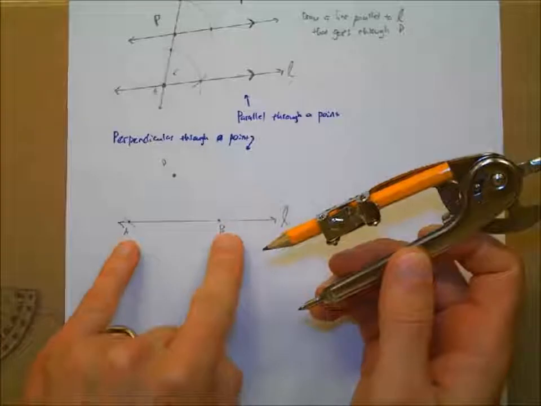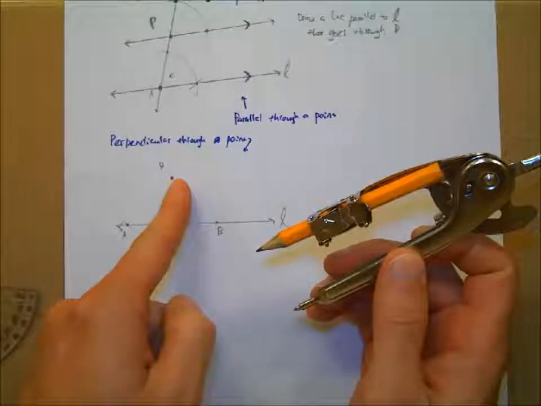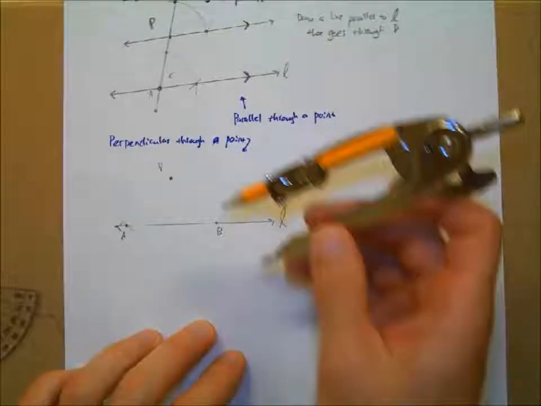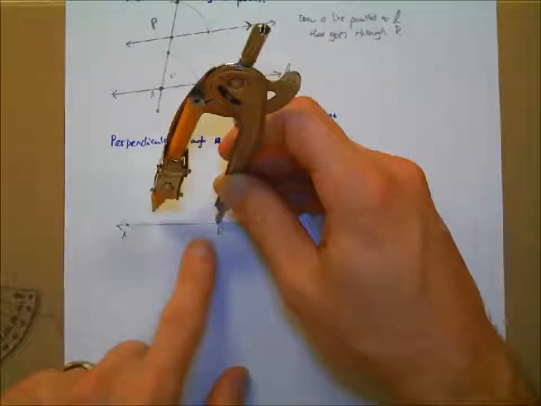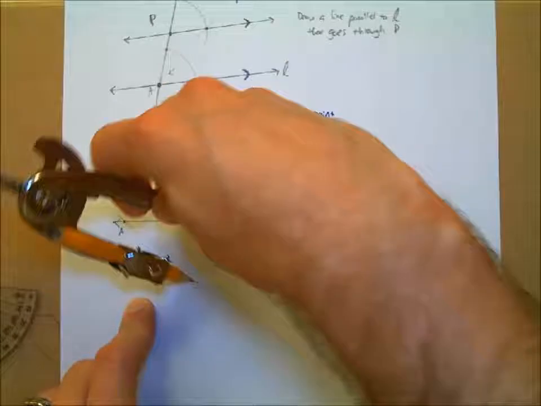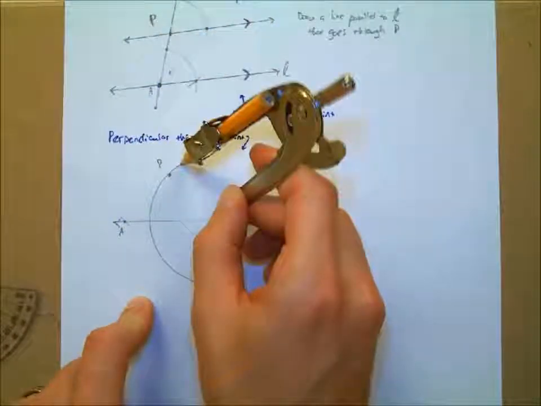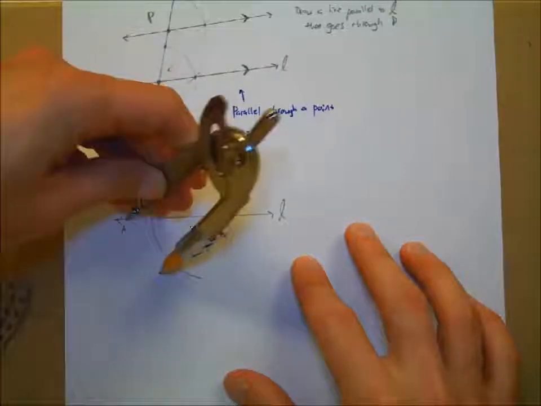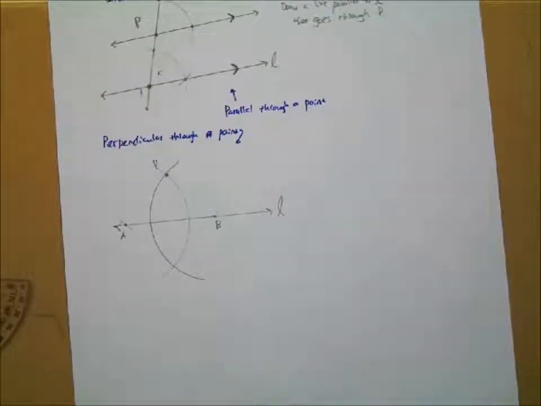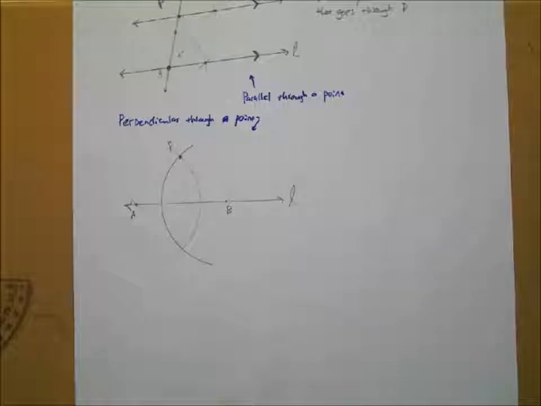So how can I draw this perpendicular? Well, I'm going to use points A and B, and we're going to do the perpendicular bisector construction. I made this segment so that P is in the middle, so it's going to be on the bisector. So all I've got to do now is from point B, make sure I open up more than halfway, and do the football. And then from point A, make sure I'm more than halfway, and do the football.